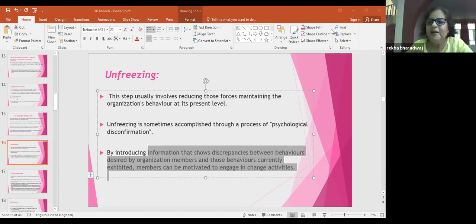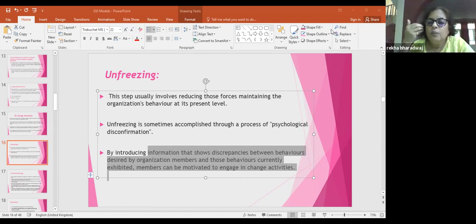Otherwise, what will happen? We will keep on seeing that this person is saying this normally in everyday life. We see that a person is saying this, but is doing that. But we never confront. We may talk behind the person's back, but we never tell the person to the face, because that person may feel bad or whatever.